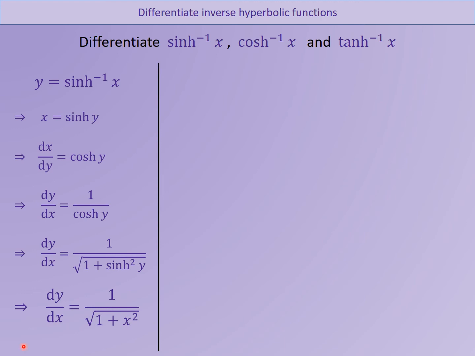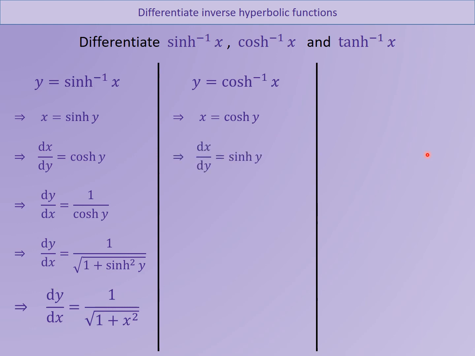Can you do the same for the other two? Well, hopefully with the cosh one, you rearranged it, you changed it to cosh y, you differentiated to sinh, because cosh just goes to sinh, you flipped it over, so you got 1 over sinh y, but then same idea as this one here, but obviously just going to be slightly different way around.